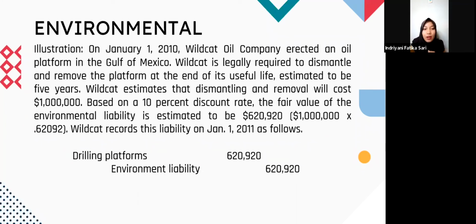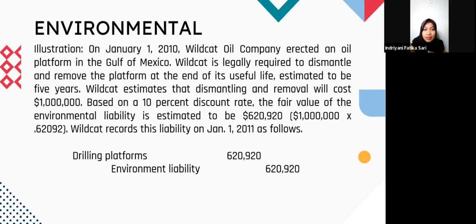The fair value of the environmental liability is estimated to be 16,2920. Wilcap records this liability on January 1, 2011 as follows. In debit, drilling platform, and in credit, environmental liability.